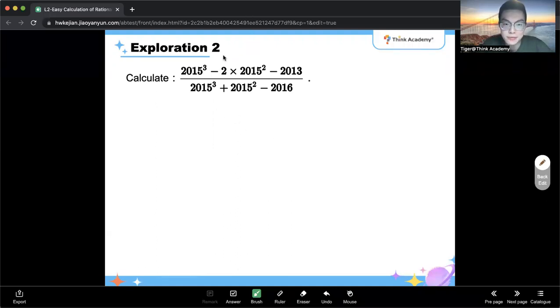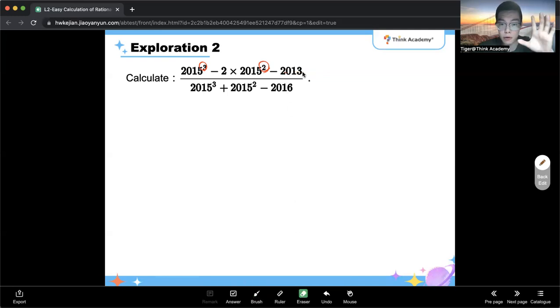We can see that 2015 is in different powers. Even if I want to associate this with 2015, I have to extract one factor of 2015, and then the remaining are also going to be 2015 squared, for example. So that's still going to be a really large value, right?